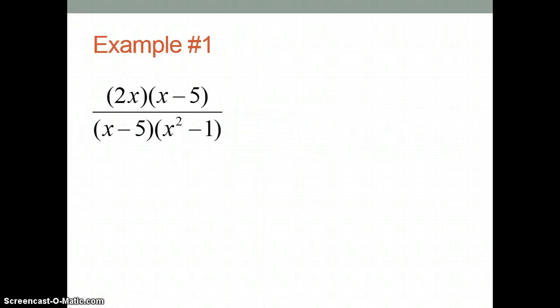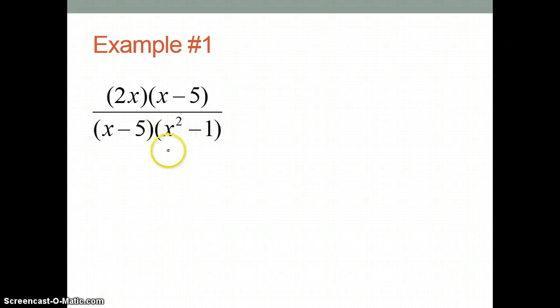The first example we're going to look at is a fraction, and notice the form of it. It has parentheses. We call each of these a separate term or a separate factor. Our first step is we always pull the GCF out. If we look at the top, there is no greatest common factor, so there's nothing that they both have that we could pull out. The bottom also does not have a GCF. So we immediately go to our next step, which is to factor things if we can.